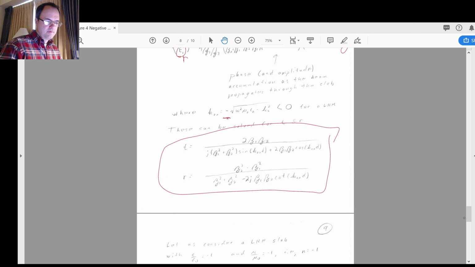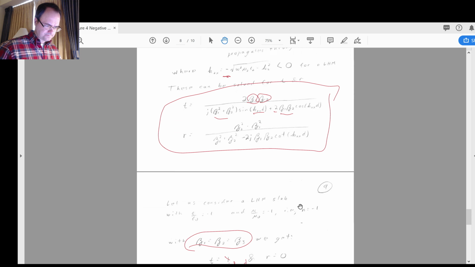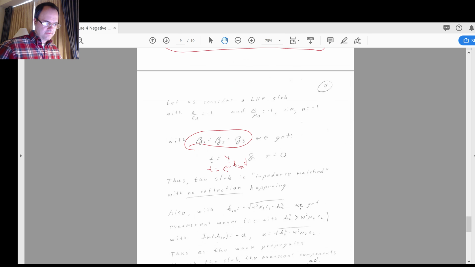When these are all equal, they cancel out with this, and you have a 2 here. You have a 2 beta 1 squared here. The 2's cancel. And you have 1 over cosine plus j sine, which is just e to the j of the argument, but that's in the denominator. You bring that up, and you get the extra minus sign right there.